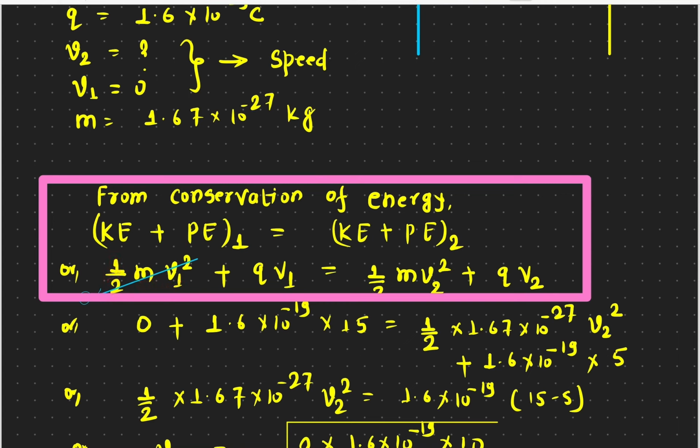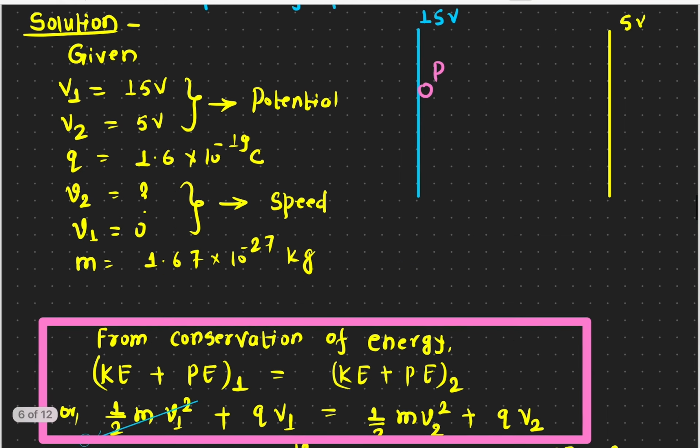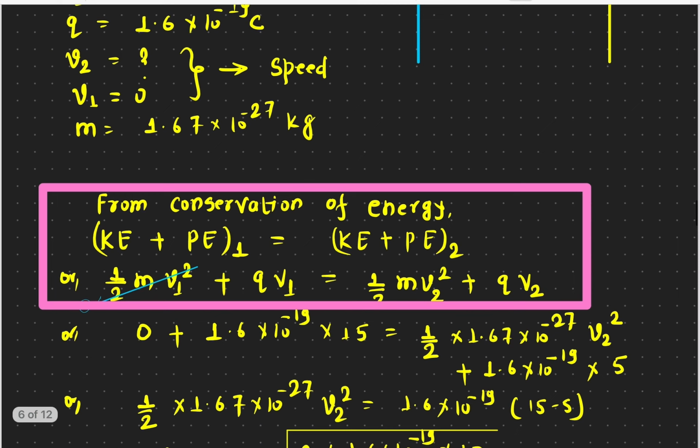So remember the potential energy formula. PE stands for the potential energy, that is Q times V. That's the formula for the potential energy. It's QV. Half mv square is again the kinetic energy, and this kinetic energy here is at 5 volt potential, and that's the potential energy now, QV2.